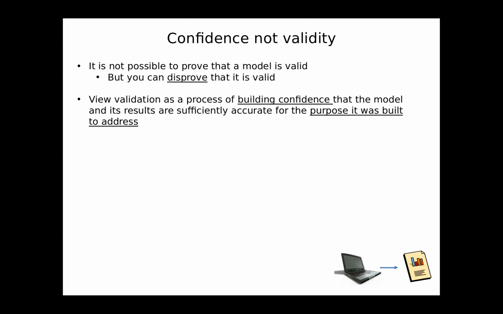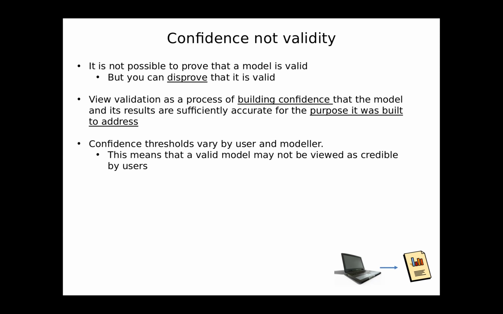So actually, validation is part of a process in which you're trying to build confidence with your stakeholders that the model and the results that you're generating from that model are sufficiently accurate for the purpose that it was built to address. So going back to the earlier point, is this model good enough that people can have confidence in what it's saying? And of course, confidence thresholds will vary wildly by user and also between modelers as well.